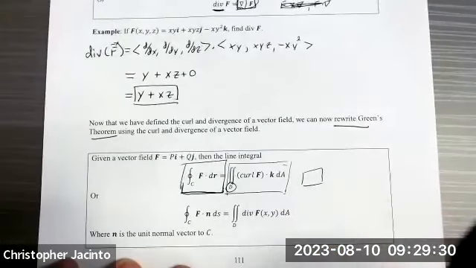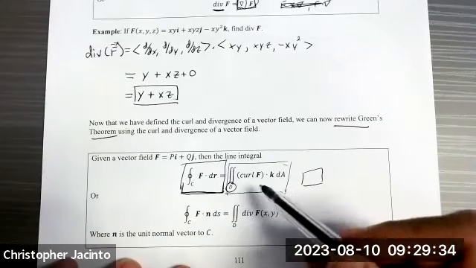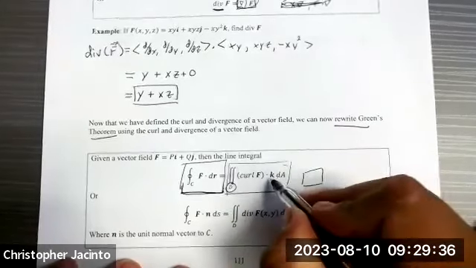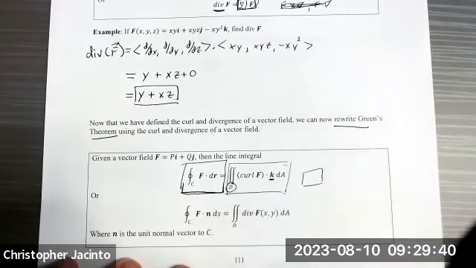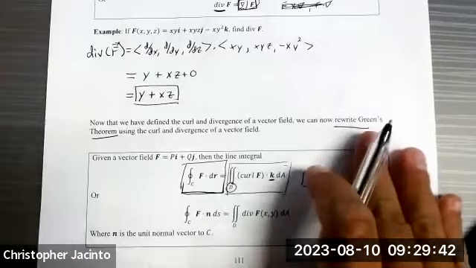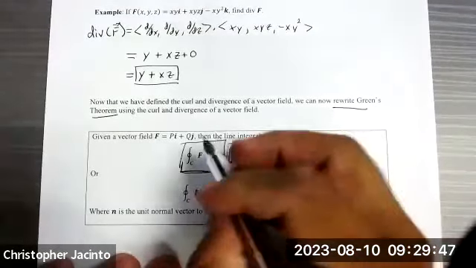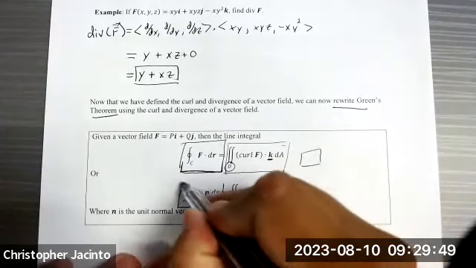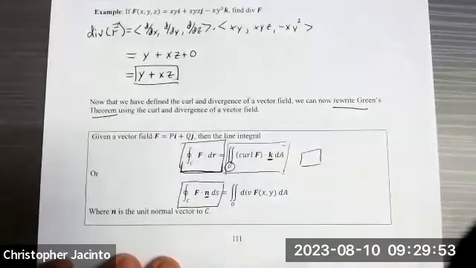It's easier to do X and Y. Okay? So this integral is the integral over the region of the curl of F times K, where K is the kth component of it, dA. Or if we use the divergence portion, where N is a unit normal vector field, right?